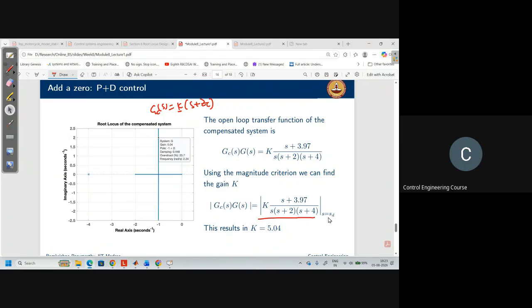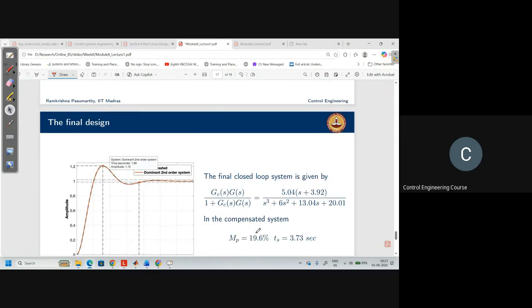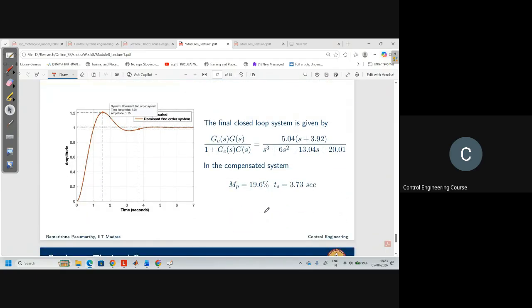We substitute S_T into this equation and equate to 1, and you will get K. So in this equation, 5.0 is the K value. So the final design will be this one, and you can even calculate the compensated system overshoot and time. This is exactly matching the desired system.